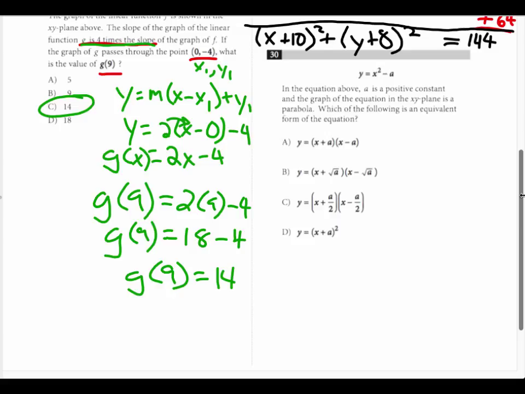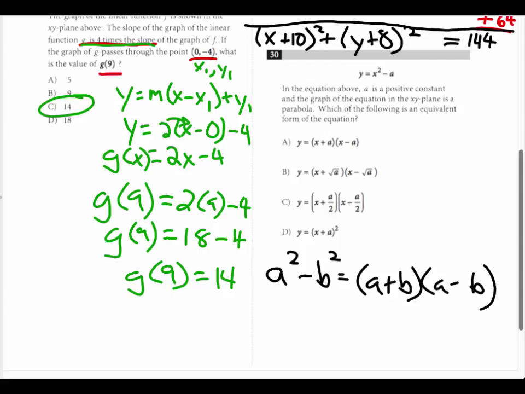Well, I don't know if you guys recognize this, but this is a difference of squares. If I say a squared minus b squared, then it's a plus b times a minus b. But here's the interesting thing.